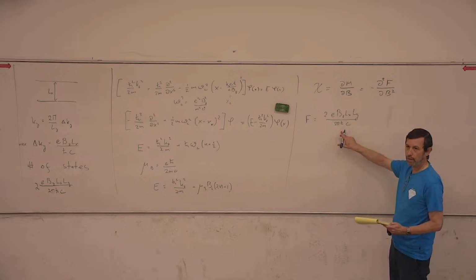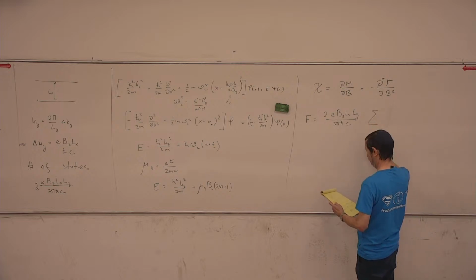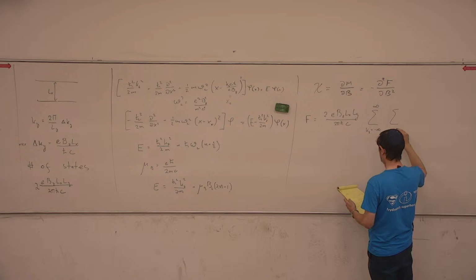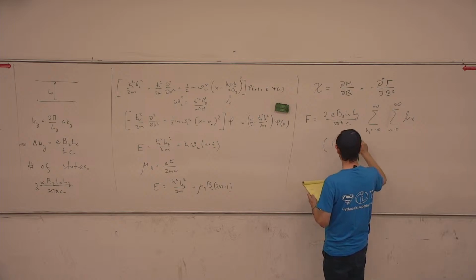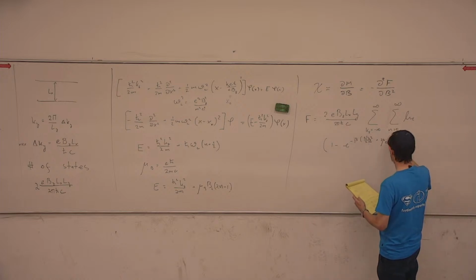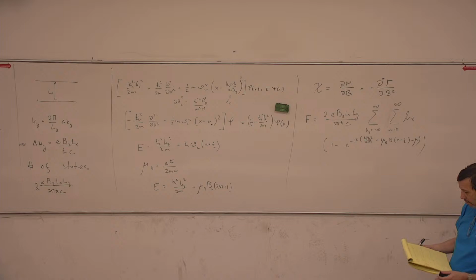Don't ask me why I insist on writing 2 pi times h bar. Where did I get it?